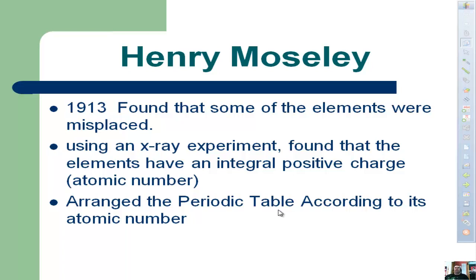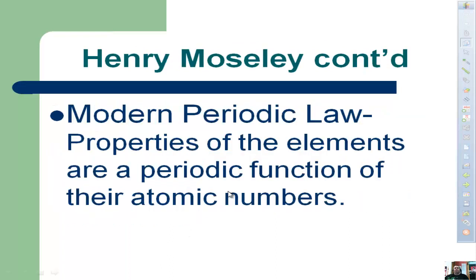So what he did was he reorganized the periodic table, fixing a few of Mendeleev's mess-ups, or again, I guess with the technology that he knew of, some discrepancies with it, and organized his by atomic number. He had to restate Mendeleev's periodic law, and now he called his the modern periodic law, which just states that the physical and chemical properties of the elements are a periodic function of their increasing atomic numbers.